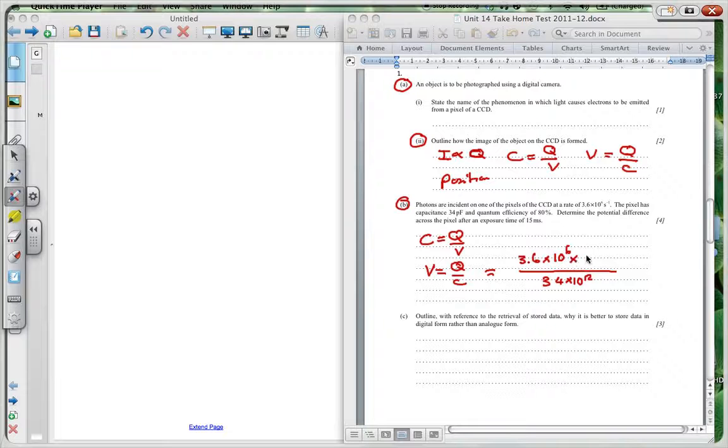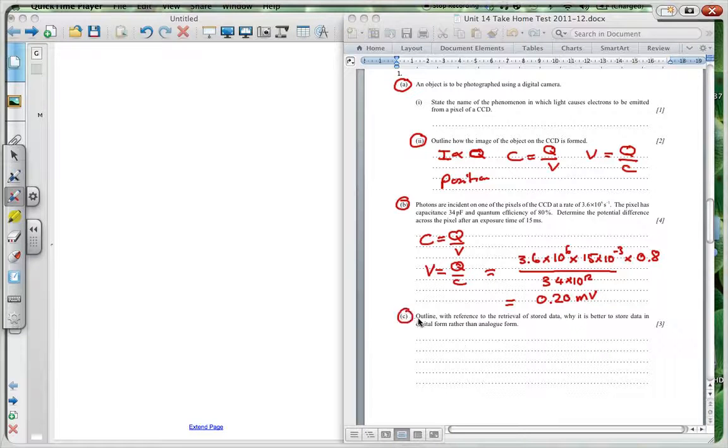So that's going to be times 15 times 10 to the negative 3 seconds, because this is 3.6 times 10 to the 6 per second. And then it's 80%. Only 80% causes electrons, so we multiply that by 0.8. And when we get all of that, we get about 0.20 millivolts will come out of that.